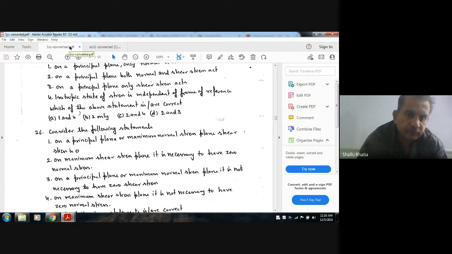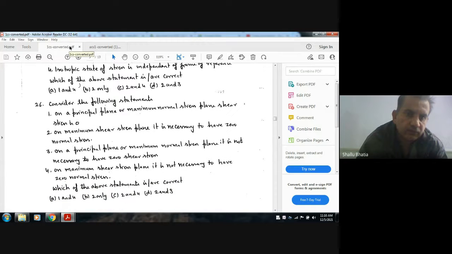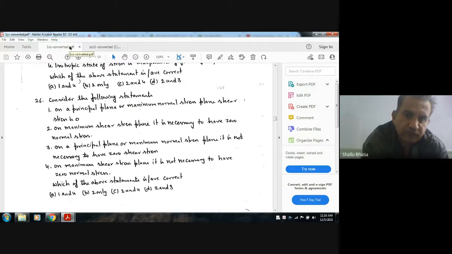Next, consider the following statements. 1: On a principal plane or maximum normal stress plane, shear stress is zero. 2: On maximum shear stress plane, it is necessary to have zero normal stress. 3: On a principal plane or maximum normal stress plane, it is not necessary to have zero shear stress. 4: On maximum shear stress plane, it is not necessary to have zero normal stress.